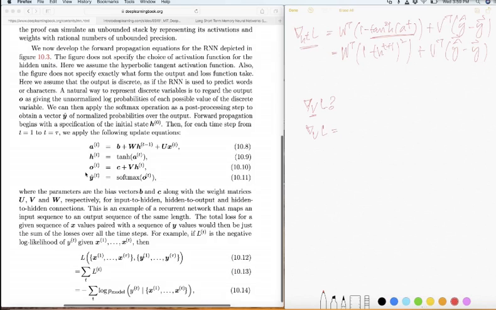This is going to be gradient V of the sum over t of L_t, which is the sum over t of gradient V L_t.